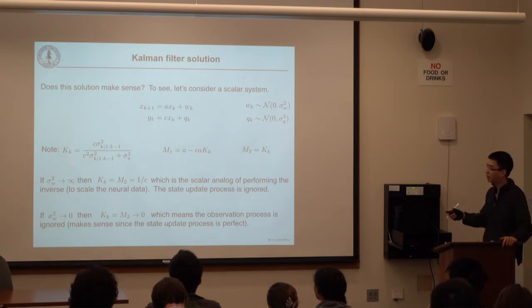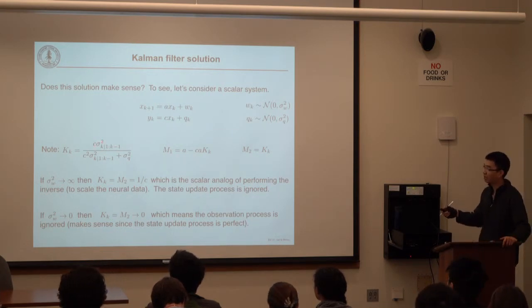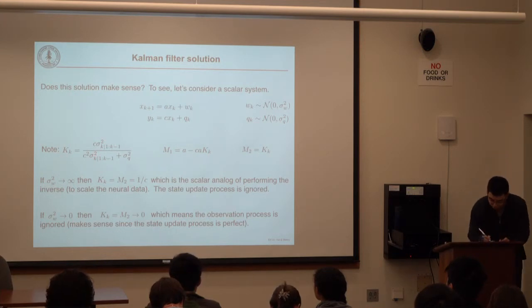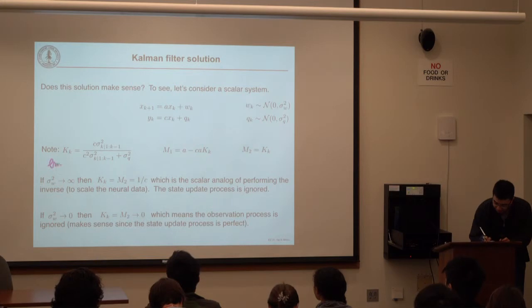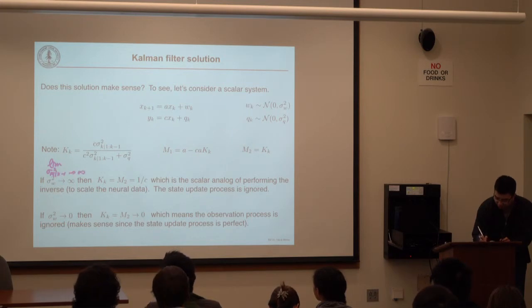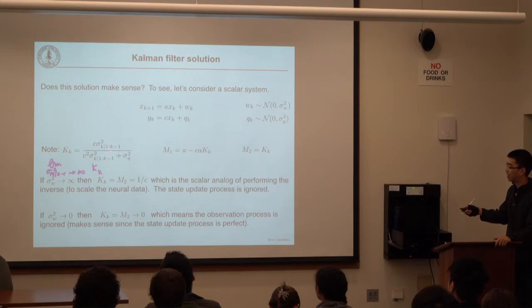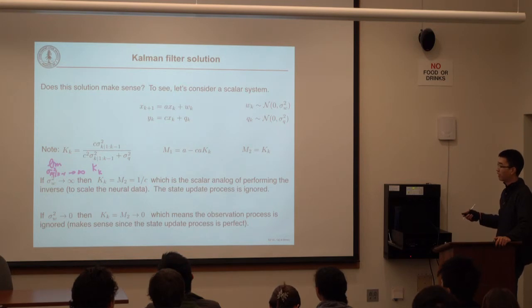And so because these two terms are dominating, again the sigma squared and the sigma squared will cancel out. This would more formally be the limit as sigma k given k minus 1 squared goes to infinity of kk. In that limit, we could cancel out these two sigma squareds, and we would just get, again, 1 over c.